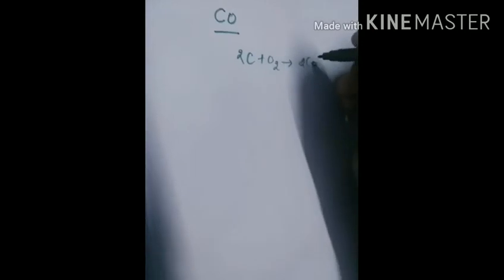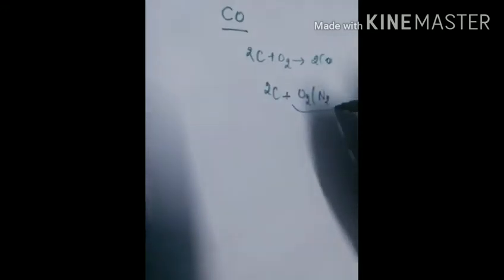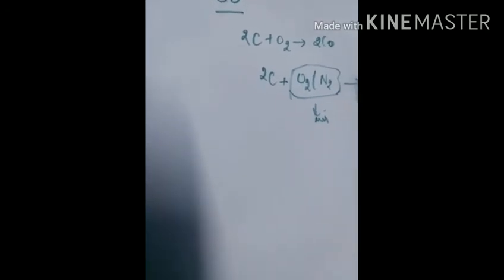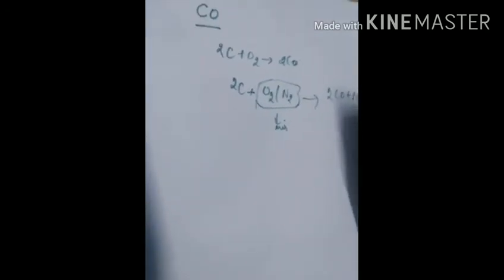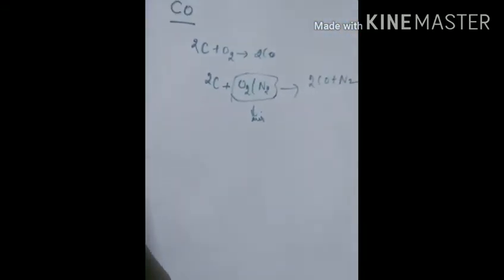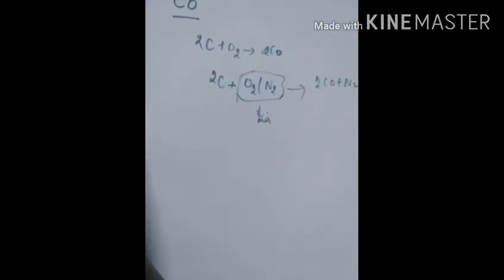In industry, they heat carbon with air to produce carbon monoxide plus nitrogen. This is the preparation of carbon monoxide.